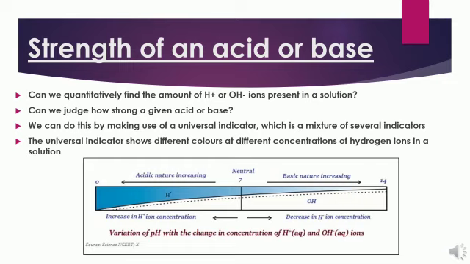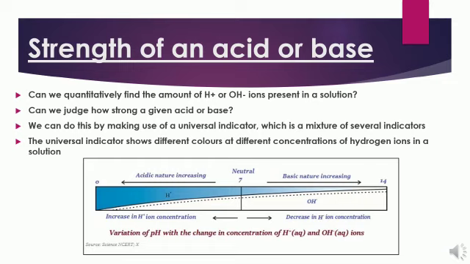All these different indicators are present in the universal indicator, which indicates whether the given solution is an acid or a base. So the universal indicator shows different colors at different concentrations of hydrogen ions in a solution.